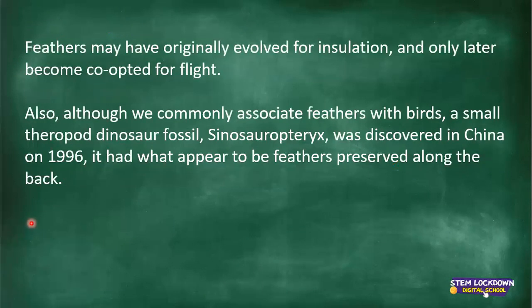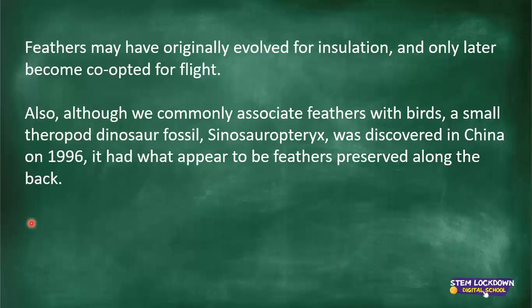Feathers may have originally evolved for insulation and only later became co-opted for flight. Also, although we commonly associate feathers with birds, a small theropod dinosaur fossil, called Sinosauropteryx, was discovered in China in 1996. It had what appeared to be feathers preserved along the back. When you see an organism with feathers, you'd first assume it's a bird, right?